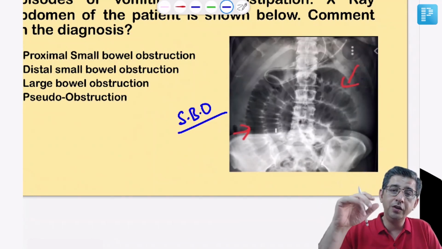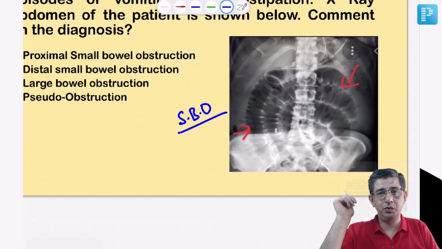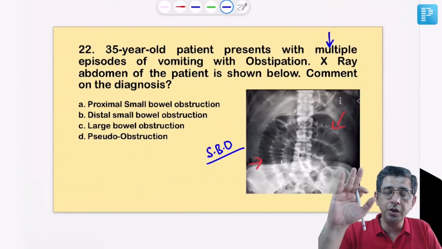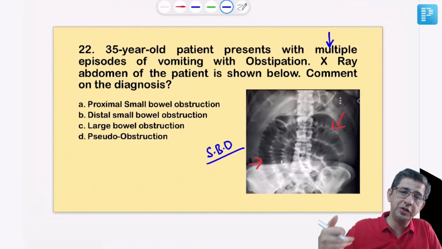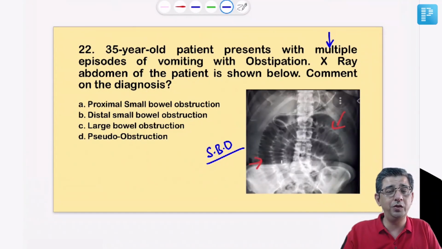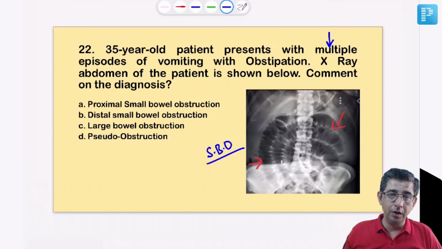Think logically: if it is going to be a proximal obstruction, will you have so many air-filled loops? Suppose the obstruction is in the duodenum of the patient, in the distal part of the duodenum or even the starting of the jejunum. You would not have multiple air-filled loops. Therefore, considering that in the X-ray there were so many loops present, it looks like distal.